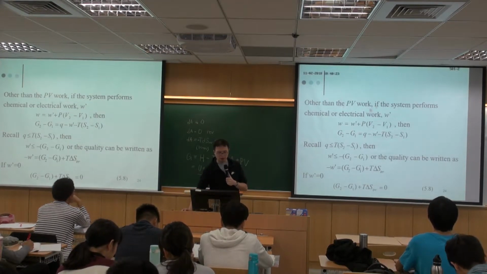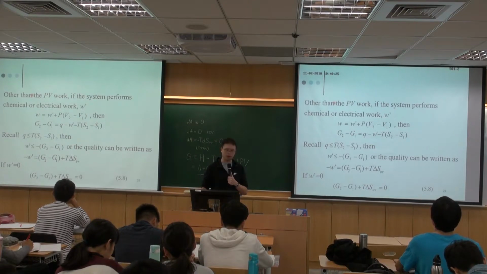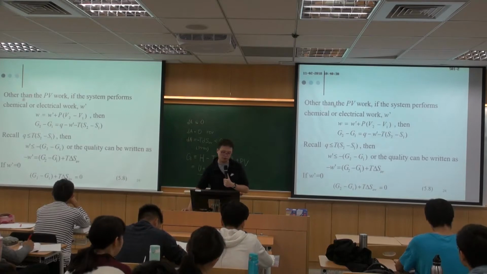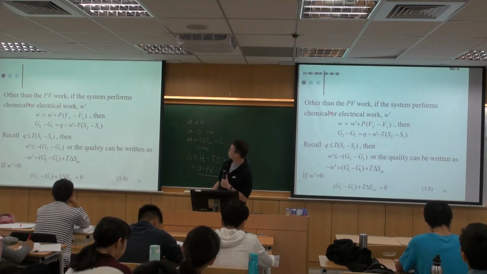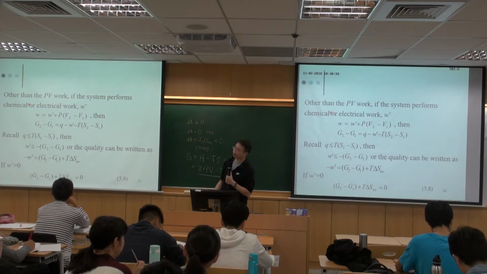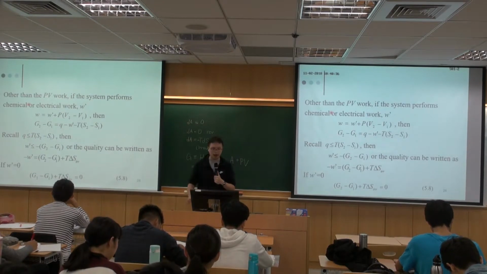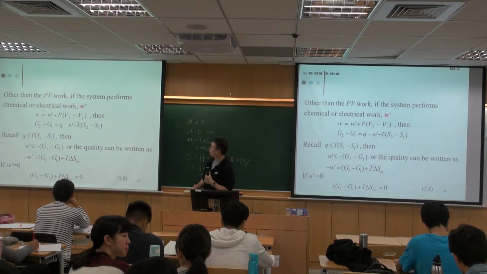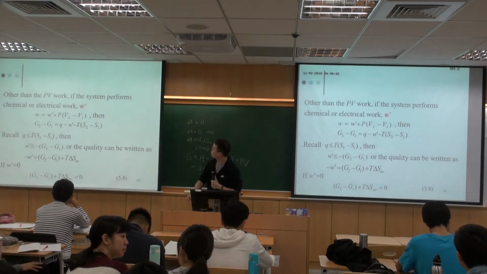If you have work that is beyond the PV work, where the system performs, for instance, chemical or electrical or magnetic work, then you coin that as W prime. So you call the work other than PV work W prime.